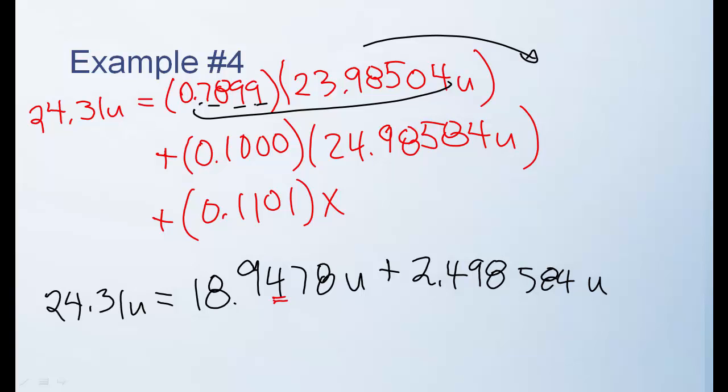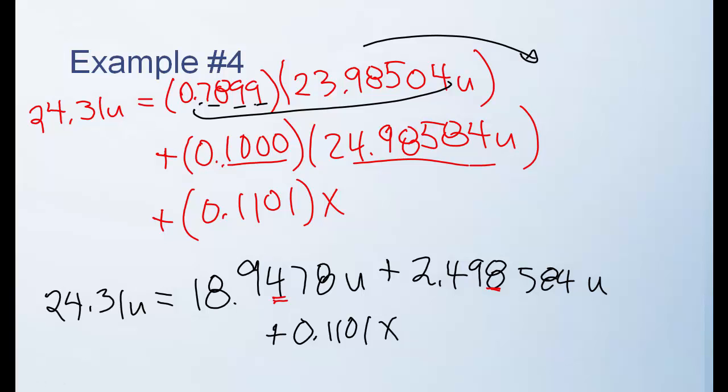This figure here has 4 significant figures, and this has a whole bunch, so I want to round this one to 4 as well. So I'll round to that 8 at some later point. And remember, I have the mass of the other isotope that I'm trying to find out, which is this other term here, 0.1101 X.